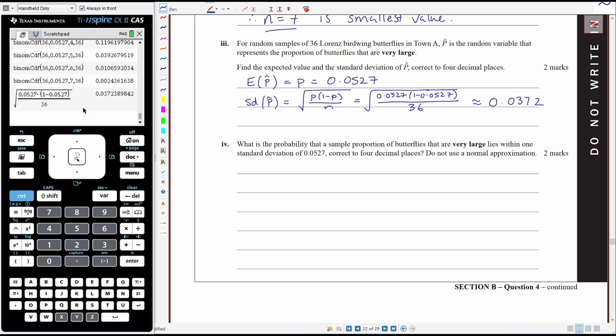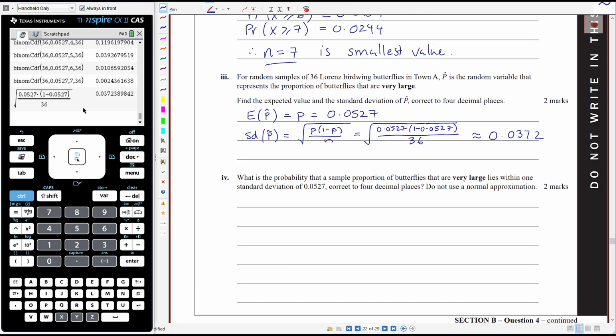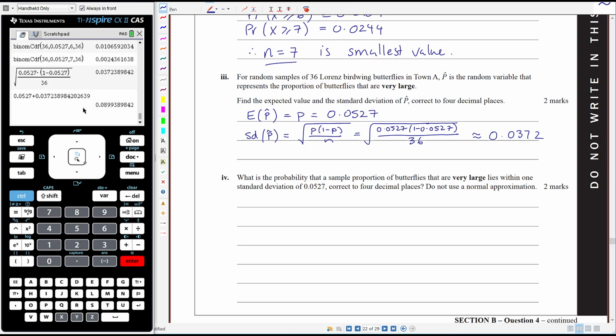What is the probability that a sample proportion of butterflies that are very large lies within 1 standard deviation of 0.0527? Okay, so what we want to do is the expected value plus 1 standard deviation and the expected value minus 1 standard deviation. So 0.0527 plus that value and 0.0527 minus that value.